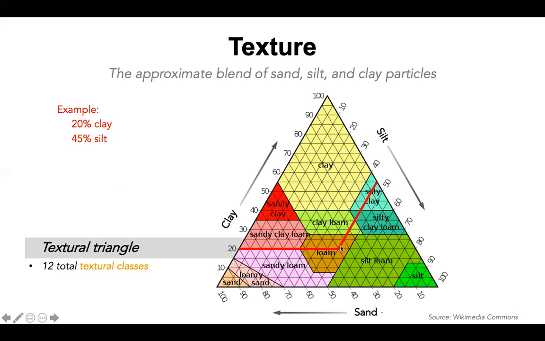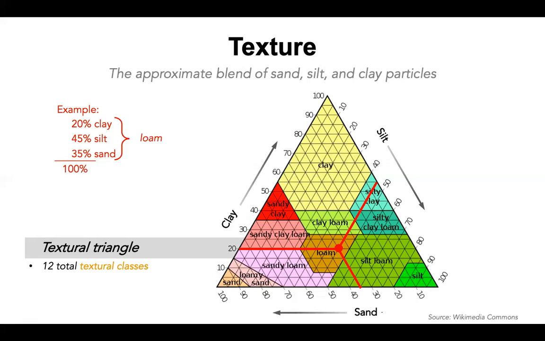This is the silt line. And then we have 35% sand. So 35% on the sand axis, and it's right there. So in total, that gives us 20, 45, 35. Those add up to 100%. You can go ahead and check my math on that. And that puts us smack dab right here. And that is in the middle of the loam textural class. So loam soils generally mean that they're a pretty good mixture of all 3 of these textural classes. So right there is loam.